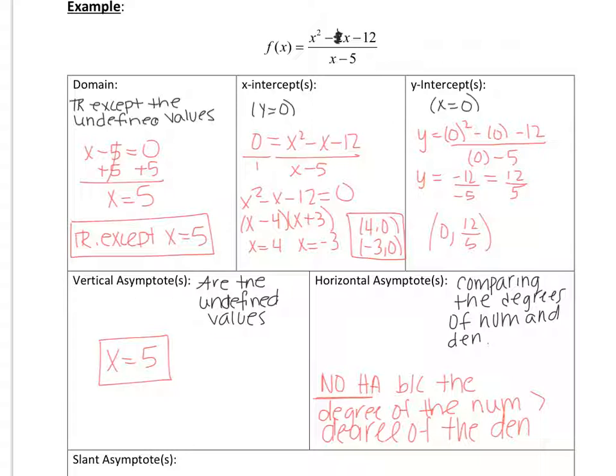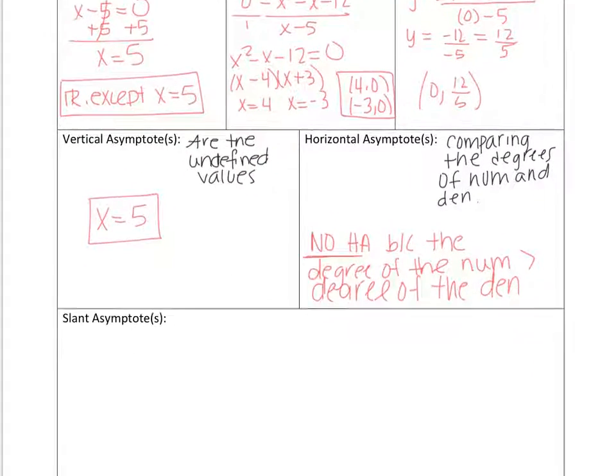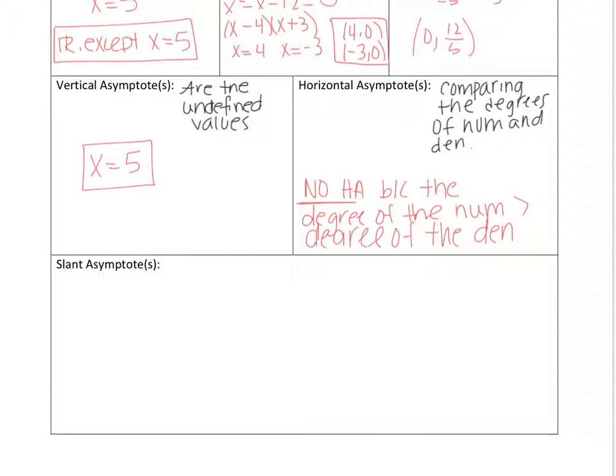Okay, now the last piece that I wanted to do was the slant asymptote. And remember, we needed to use long division. So I think this time I'm going to use synthetic. So the divisor is x minus 5 into x squared minus x minus 12. So I'm going to just use long division. I'm sorry, synthetic. So here's 5.